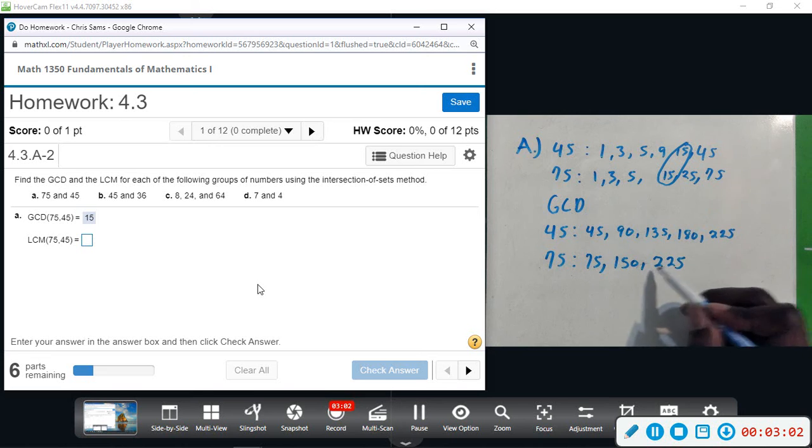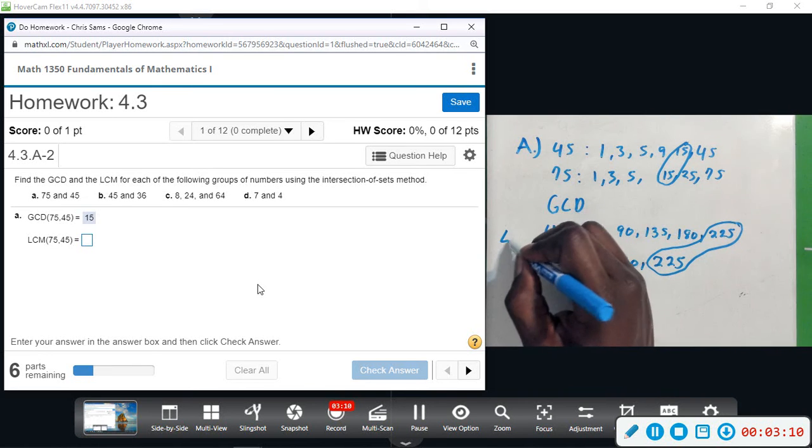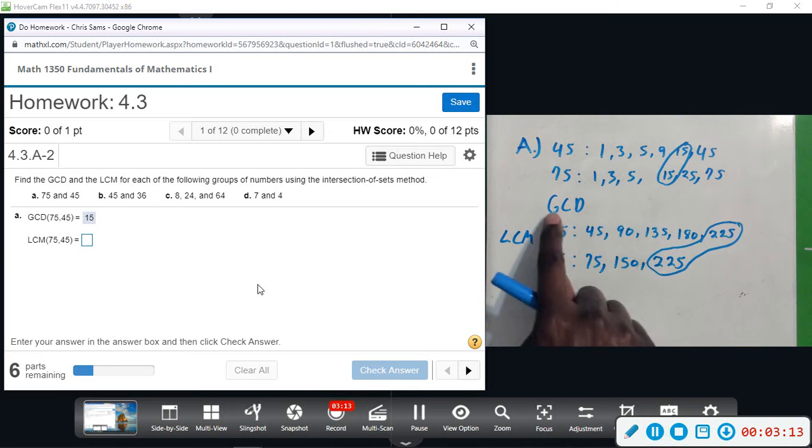Okay, and that is the first number, 225, that they have in common. So we want the smallest one when we do least common multiple, and we want the biggest number that they have in common when we do greatest common divisor.